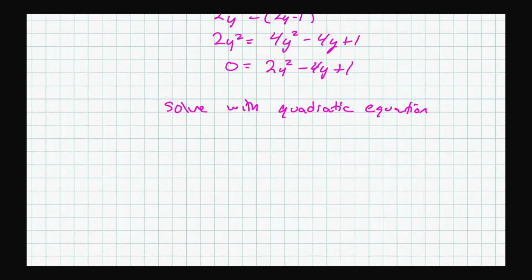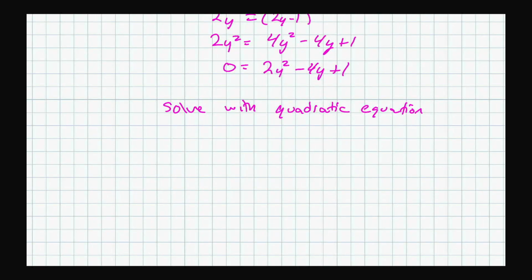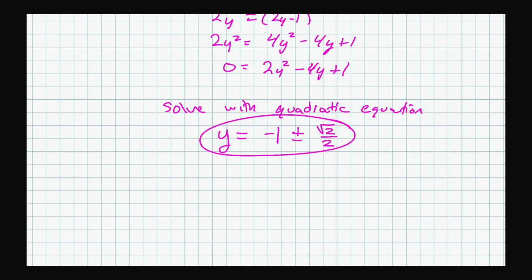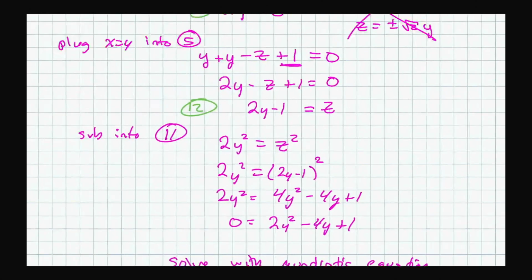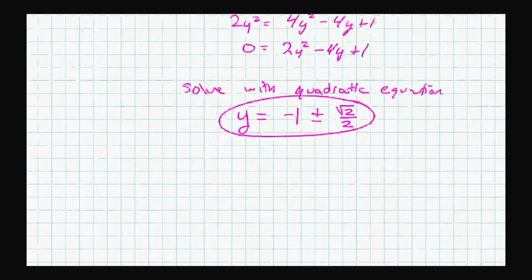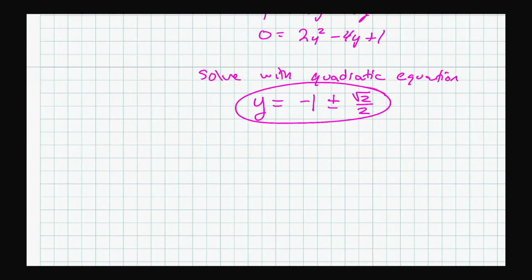When you solve that, you're going to get y equals, after it's all simplified, -1 plus or minus square root 2 over 2 for y, right? So that's just the quadratic equation. Now, once you have that, remember that we were in the section here, x equals y. And don't forget x equals y.